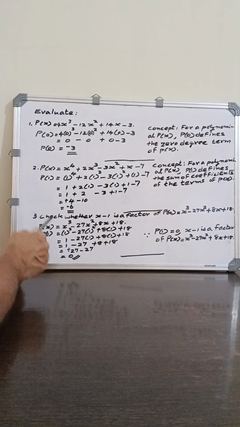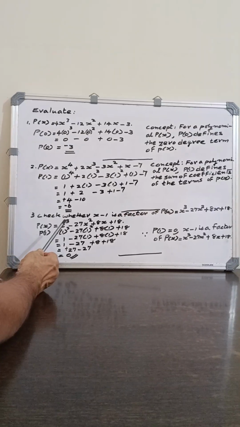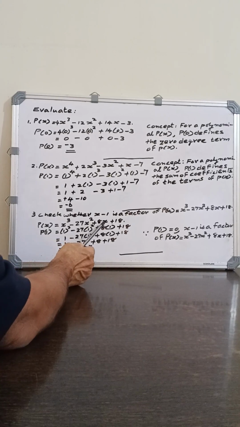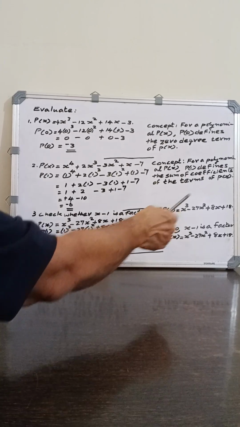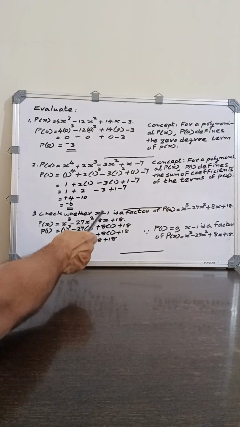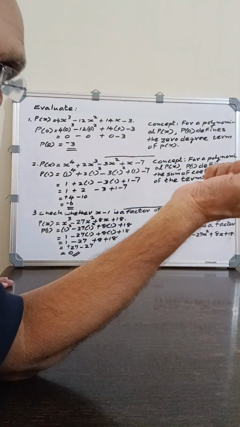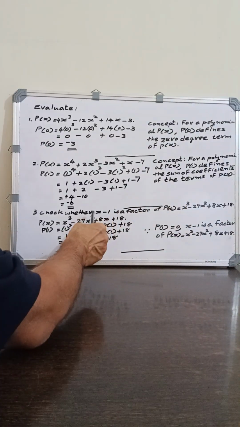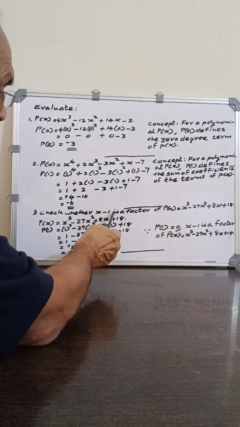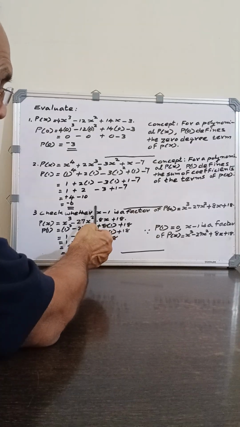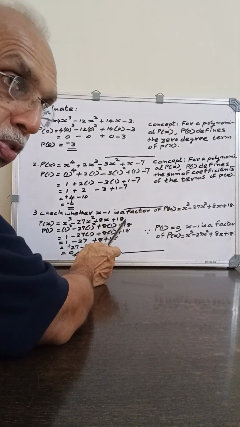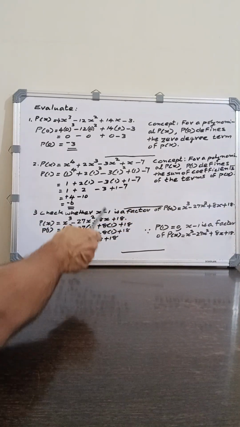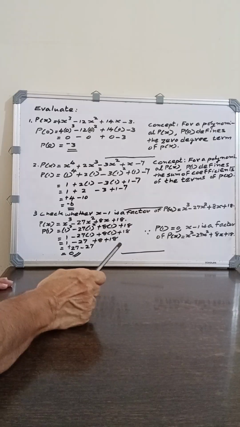For that, I am using one concept. P of x equals x cubed minus 27x squared plus 8x plus 18, the given polynomial. First of all, I am considering x minus 1 equals 0. Therefore, x equals 1. That is, 1 is the 0 of this small polynomial x minus 1.